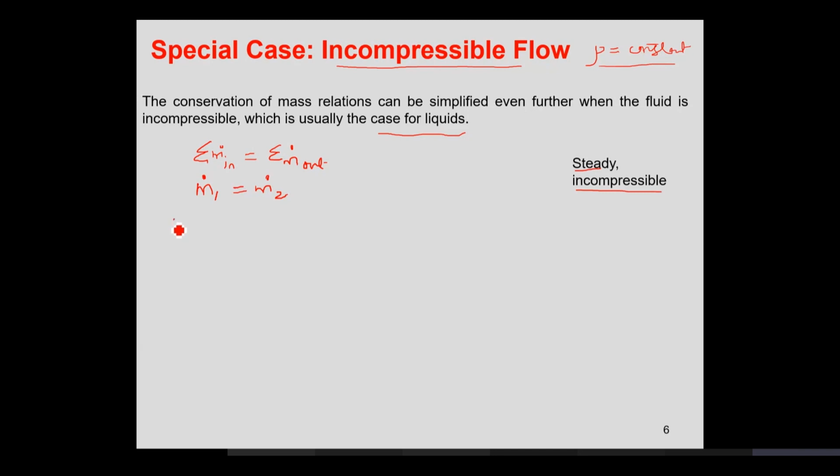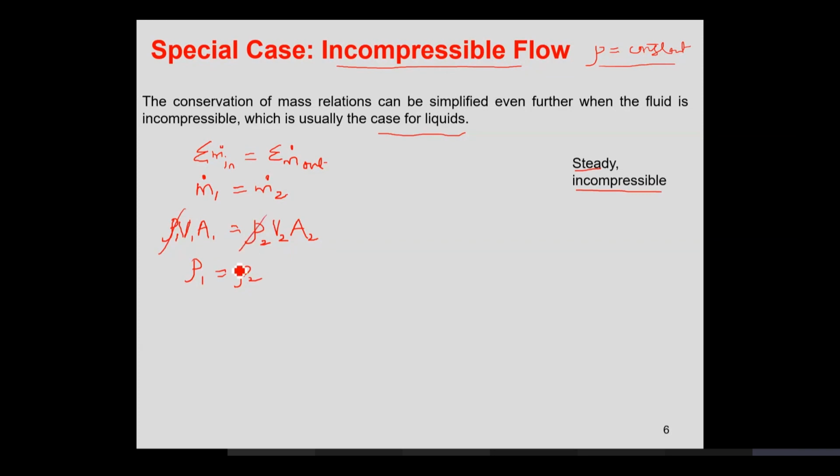I can further write it as density at inlet, average velocity at inlet, and cross-sectional area at inlet; the product of these three is equal to density at outlet, velocity at outlet, and cross-sectional area at the outlet. Now, if your density is constant, rho 1 is equal to rho 2.